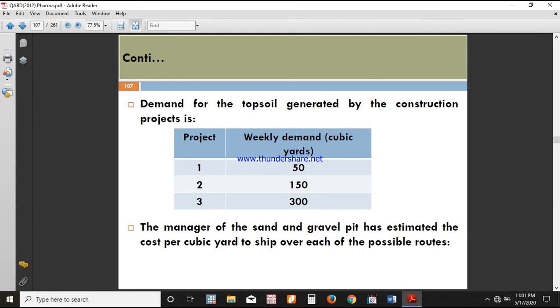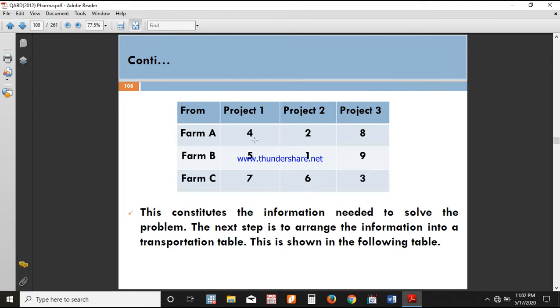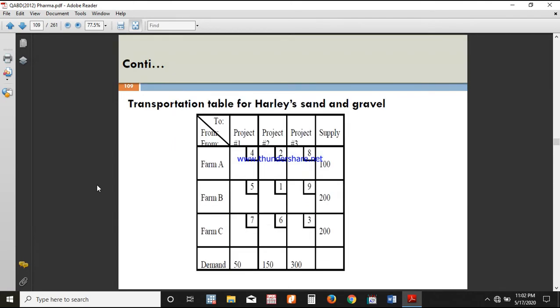Project 1 has a weekly demand of 50 tons, whereas project 2 has 150 and project 3 has 300. These are the 3 farms with these 3 projects with unit costs available. Therefore, all 3 conditions are now satisfied, and we can formulate the transportation model directly.